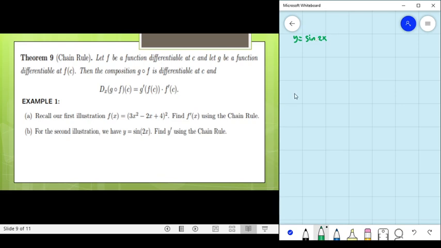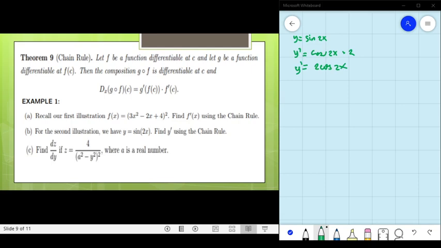In order to find y prime, we take the derivative of sine of something. The derivative of sine is cosine, so cosine 2x, and then we multiply it by the derivative of 2x, which is 2. Therefore, 2 times cosine 2x, that would be 2 cosine 2x. So that is the derivative for letter B.